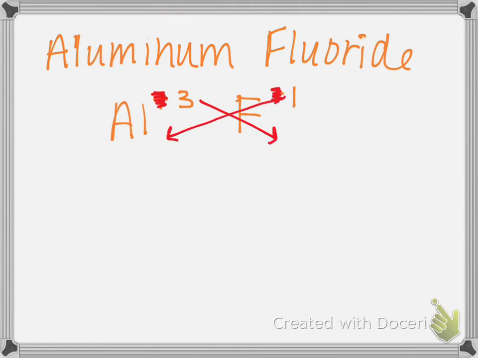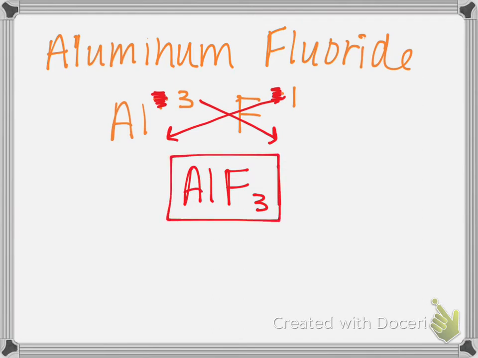And so that leaves us with a compound that says Al1F3. But when the subscript is a 1, we take it out. So our formula really is just AlF3.